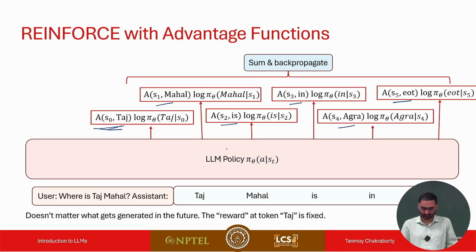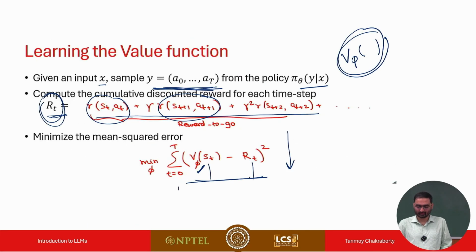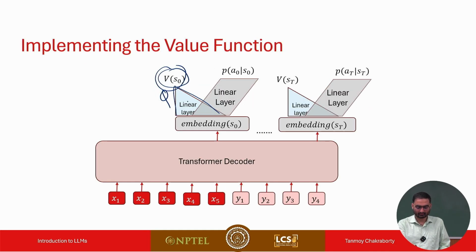This is my REINFORCE method with advantage function, and we use it to train the value function, the linear layer that I mentioned. I will calculate the MSE, and this will help me get the parameters fine-tuned in this linear layer.